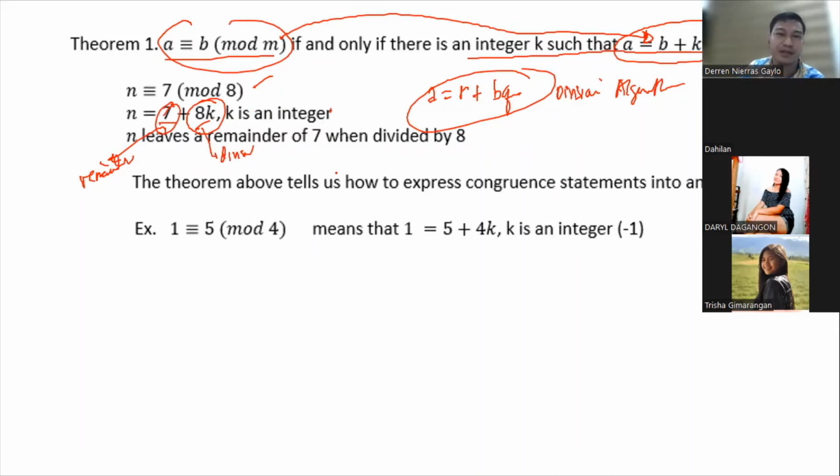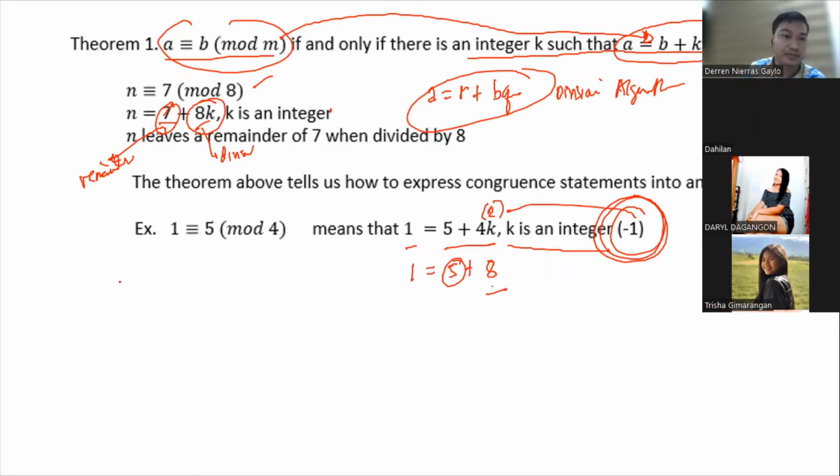So example, 1 is congruent to 5 modulo 4 means that 1 is equal to 5 plus 4k, where we can find k an integer, and then we can find a number, integer -1 here. If you have 16 divided by 5, that is just equal to 3 remainder 1, right?